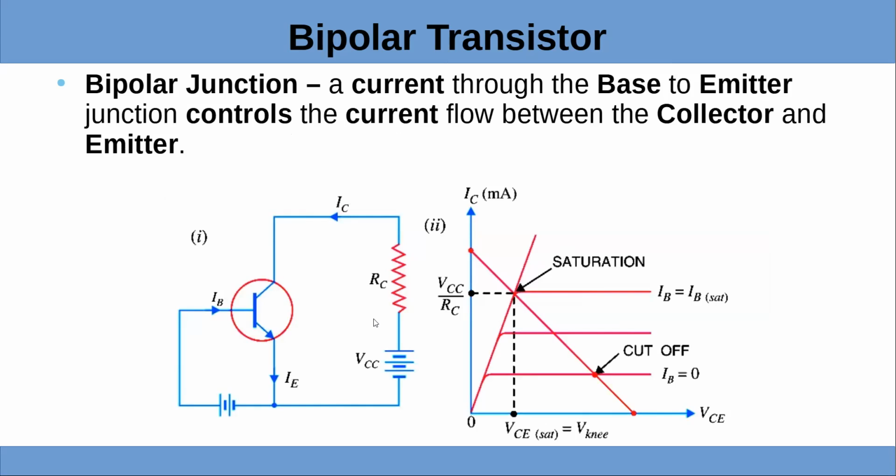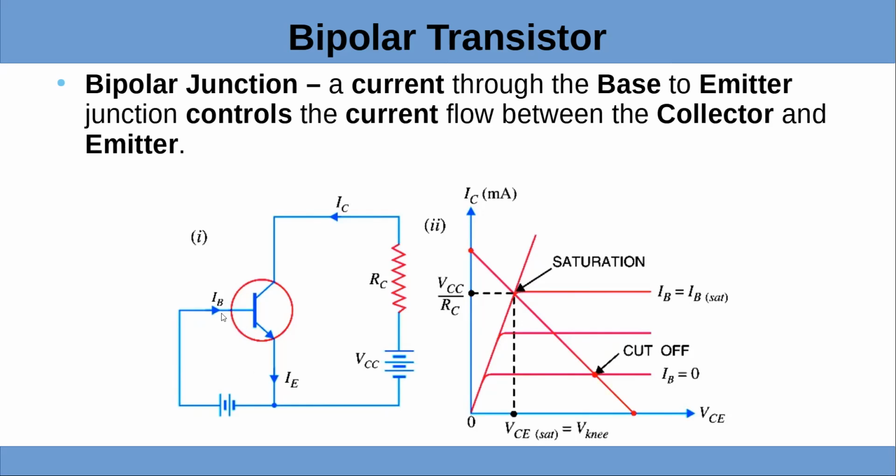This is a typical circuit of how you would bias a bipolar transistor. So we've got a voltage source here applying a bias voltage or current into the base, and these are called the base, the emitter, and the collector. So this base emitter current is plotted over here as the red line.